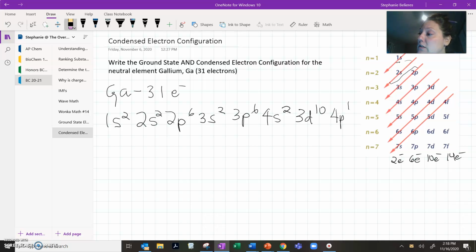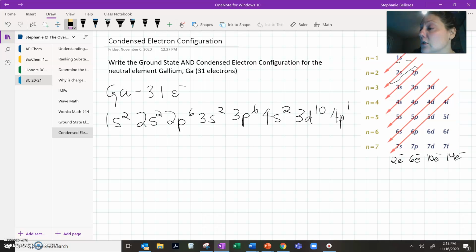I can see that by looking at my periodic table: I look at gallium in row 4, go up a row, right above it is aluminum, and go all the way to the right, and that is argon. Argon has 18 electrons. You can see that krypton is actually closer, but it has more electrons than gallium, so you want to choose the one that has fewer electrons. Up a row and all the way over to the noble gas on the right.